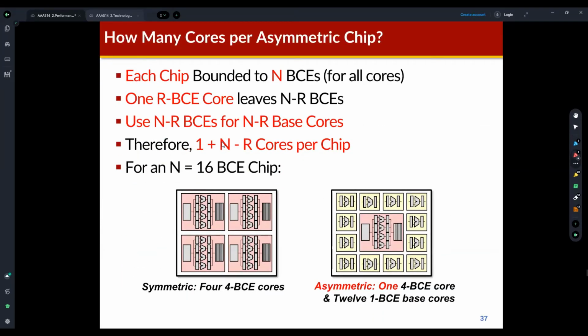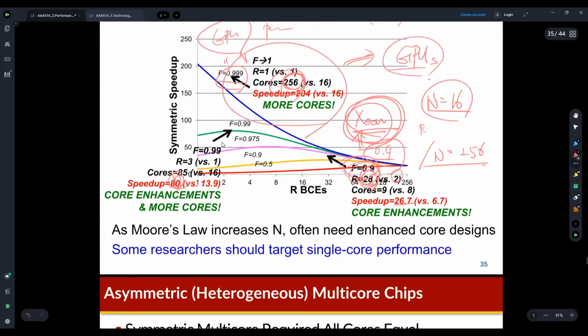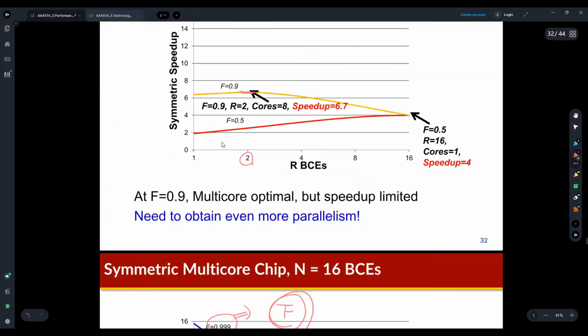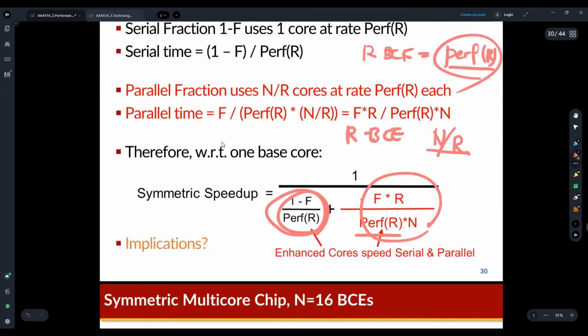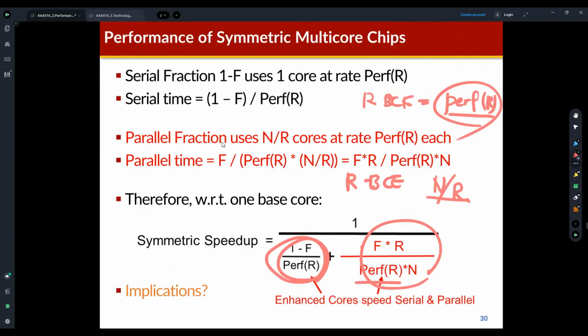So if we apply the heterogeneous architecture in the multi-core processors, then the configuration is a little bit more complex than the symmetric core architecture. With the symmetric core architecture, we can consider a very simple equation like this.